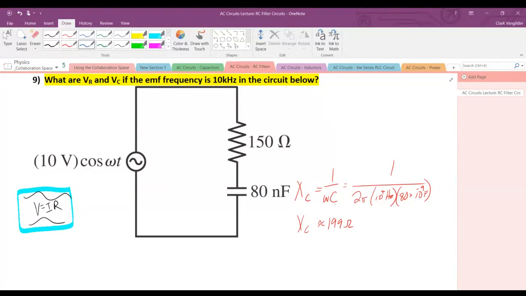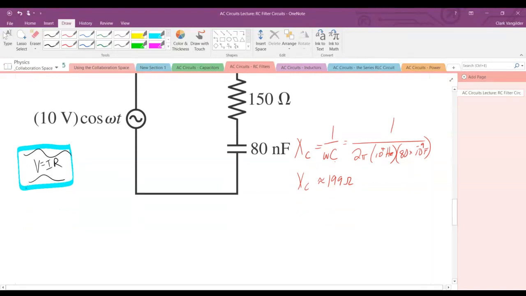And so we would be using this formula, kind of an old idea for DC stuff, but Ohm's law still applies. If it's an electric circuit, inevitably you can use Ohm's law.